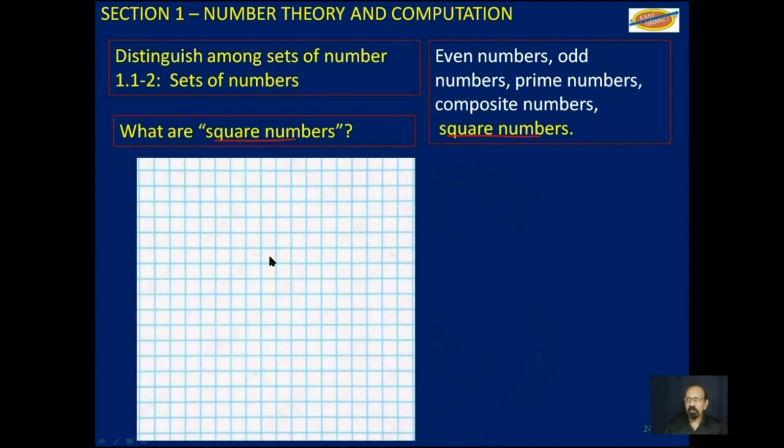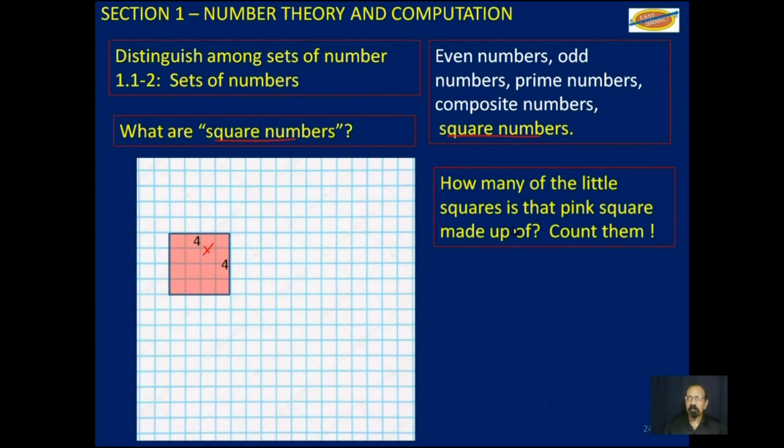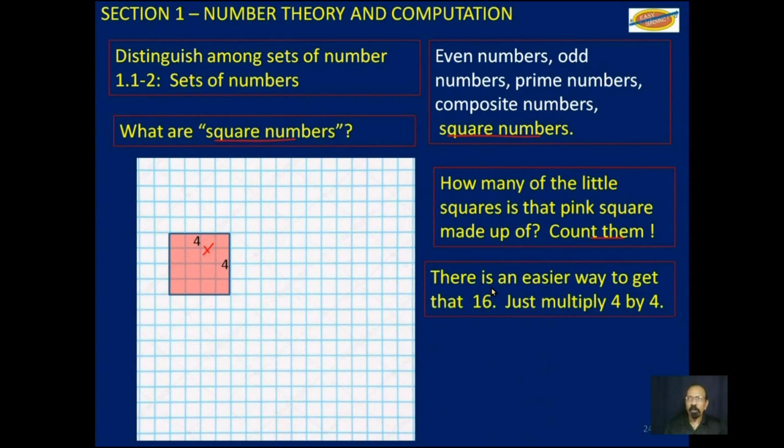Now consider this grid here. If you have a square in there that is 4 by 4, what is the area of this square? How many little squares do we have? If we count them one by one, we will get 16. However, we can just multiply 4 by 4 and we will still get 16. So 4 by 4 is 16.